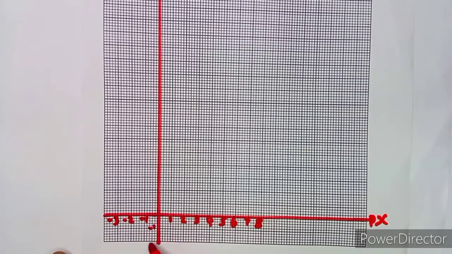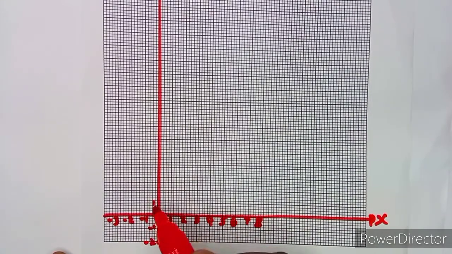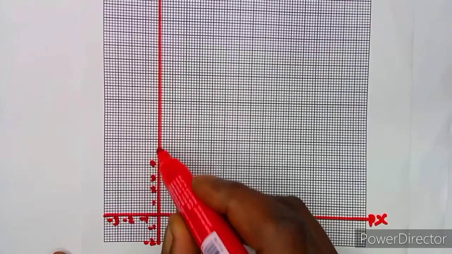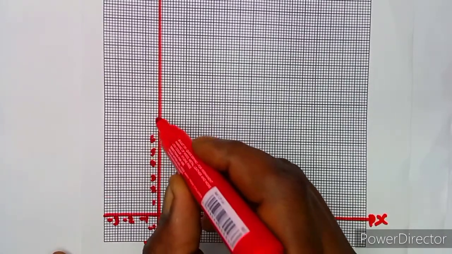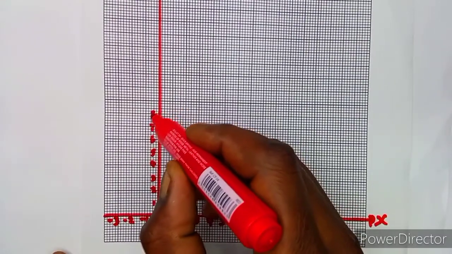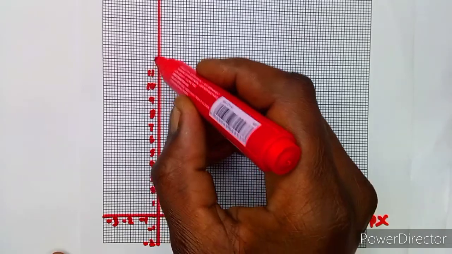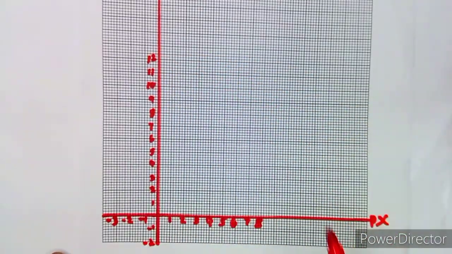So this can be minus 1, minus 2, this can be 1, 2, 3, 4, 5, 6, 7, 8, 9, 10, 11, 12, and so forth.